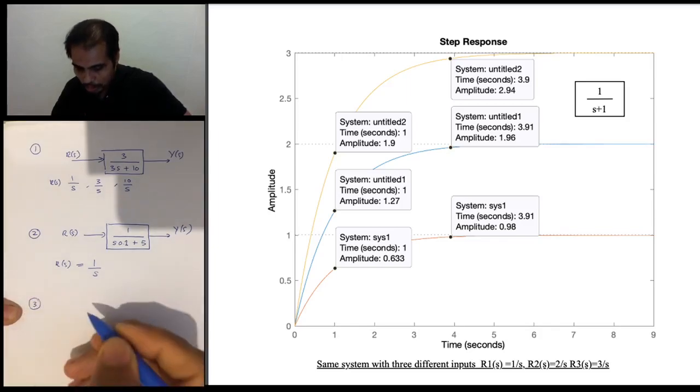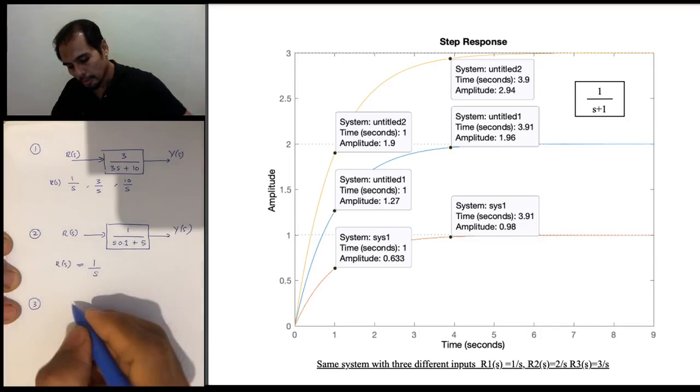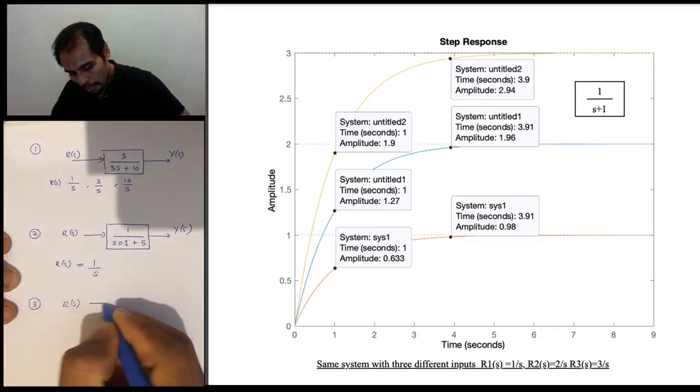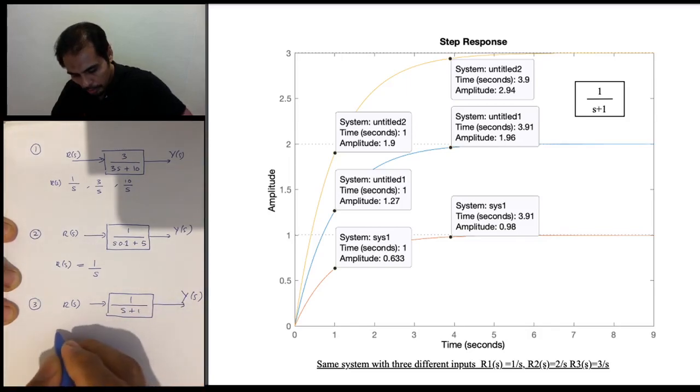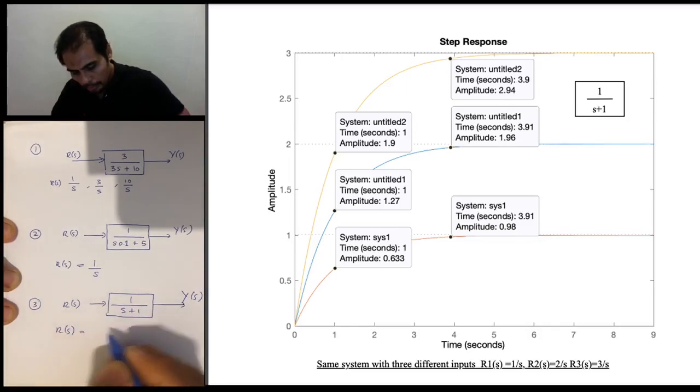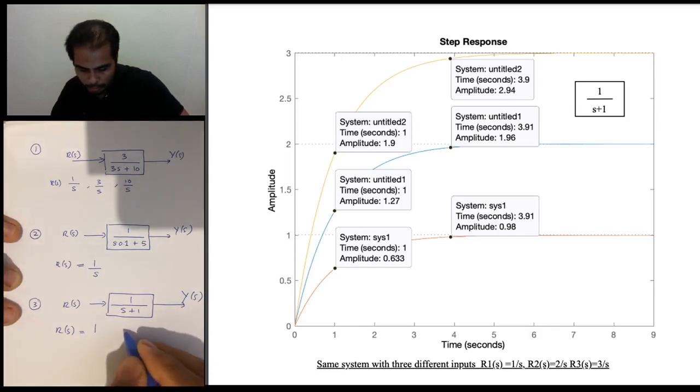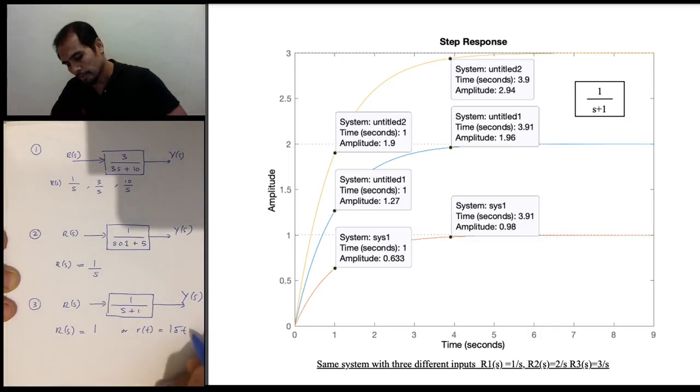Okay, number 3, we have a simple system, 1 over s plus 1, but this time you need to apply an impulse input, R(s) equal to 1, or in r(t) we call it delta t, right?